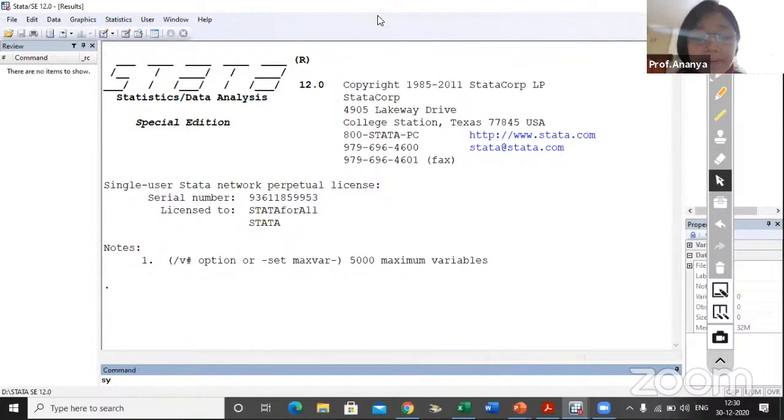Can one of you just say yes if you can see the Stata on my screen? Yes. Okay, I'll just assume that you can see it.